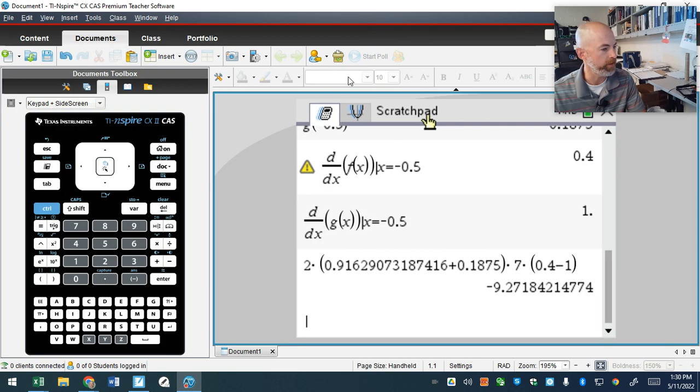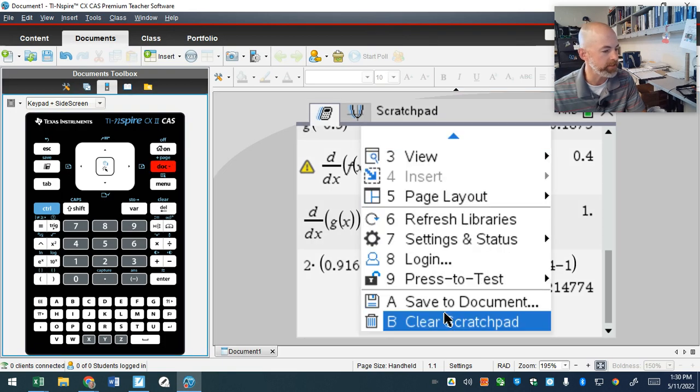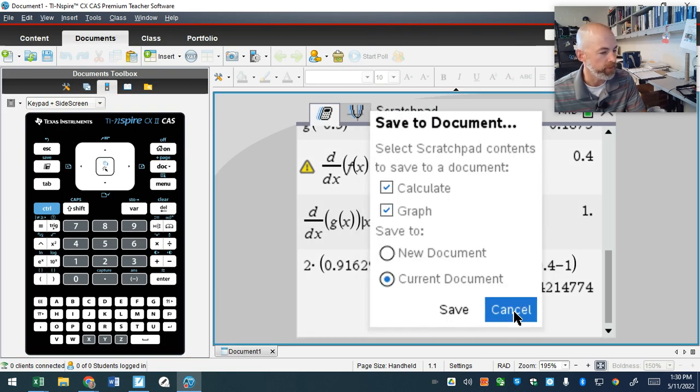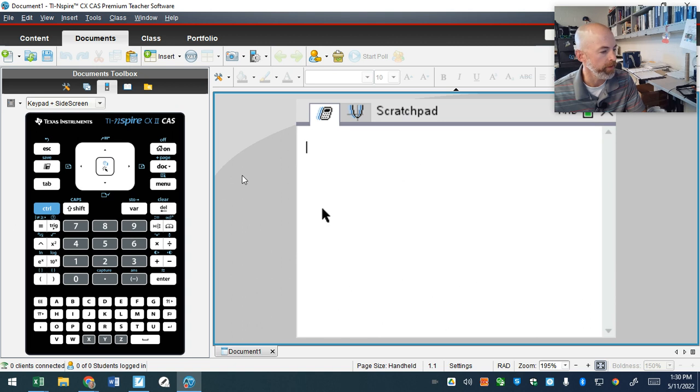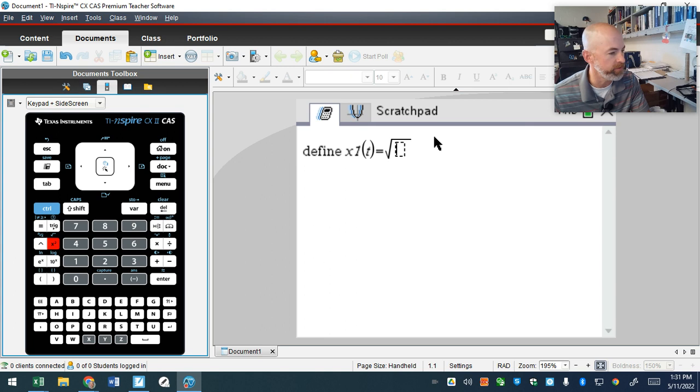So I'm going to go to my calculator. I need to clear out the stuff that is left over. There, I've cleared that out. And let me define those functions. I'm going to call it x1 of t, the square root of 1 plus t squared, and I'm calling it x1 because it's the first derivative of my x position.